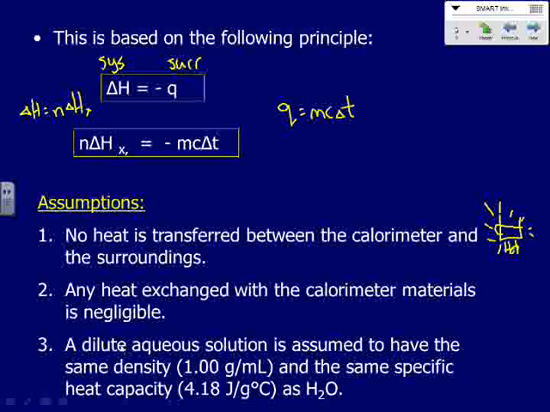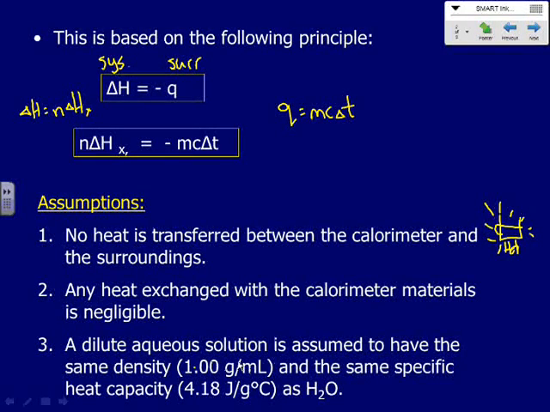But if we're doing a chemical reaction, sometimes we're not dealing with water, but with dilute aqueous solutions, like maybe some weak hydrochloric acid. If we're dealing with dilute aqueous solutions, it means we're not dealing with pure water anymore. So the density of that aqueous solution may not be exactly equal to 1 gram per milliliter as pure water is.